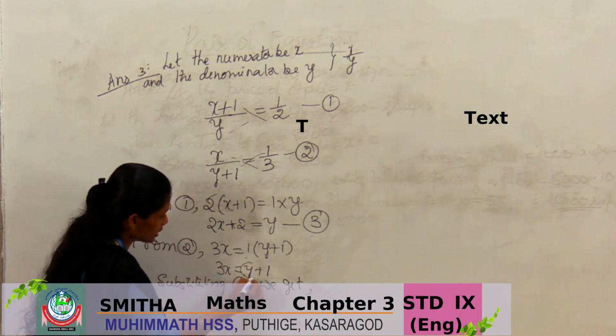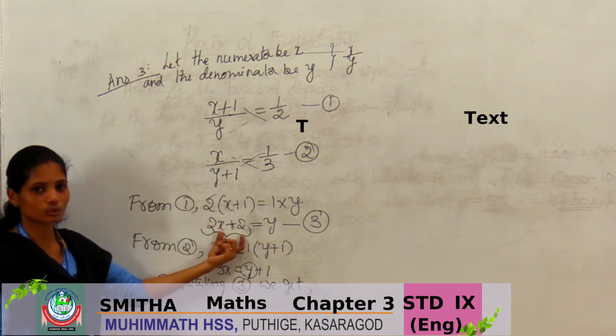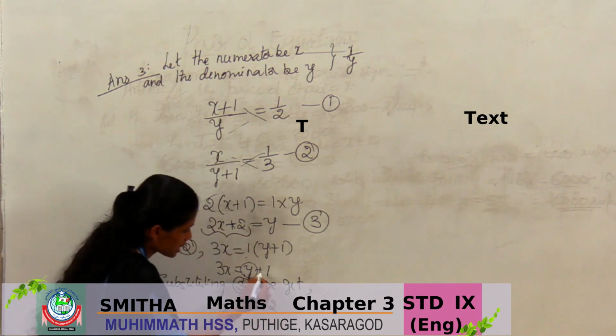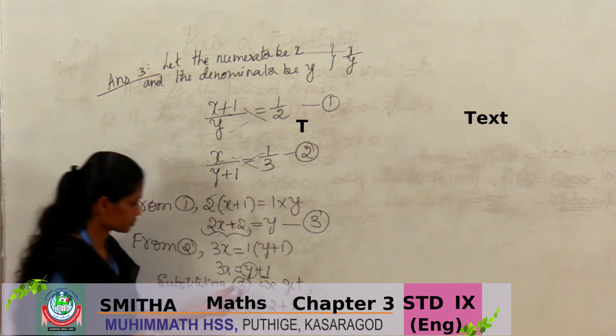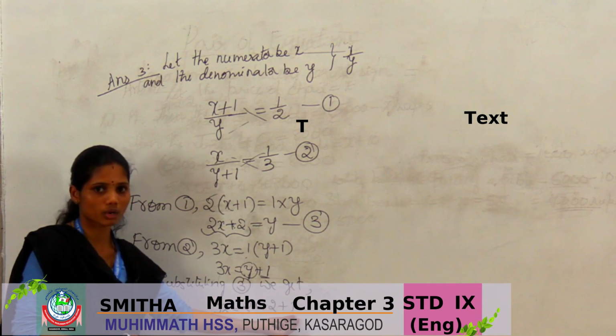In place of y, let us substitute 2x plus 2, because y is equal to 2x plus 2. So 2x plus 2, and this one plus 1.